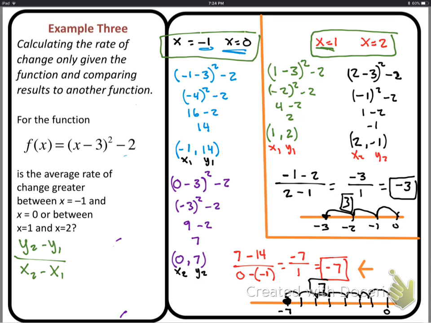Okay, so this is where it gets tricky, because people assume that because -7 is a smaller number, it's a smaller rate of change, but it's actually the greater rate of change, right? Because from 0 to -7 is a total of 7 spaces. From 0 to -3 is a total of 3 spaces. So the change from 0 to -7 is larger than the change from 0 to -3. Keep that in mind, because that's the part that tricks a lot of students.